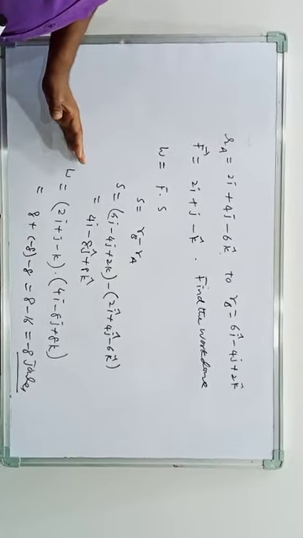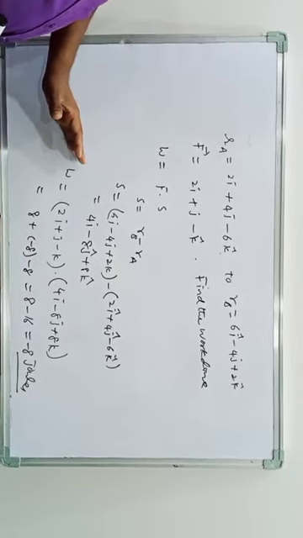Here the formula for the integral of x to the power n dx is x to the power n+1 divided by n+1. So W = 2 into x^(1+1)/(1+1) with limits 1 to 3. Here 2 is common, and the integral of dy is y, from 2 to 6.